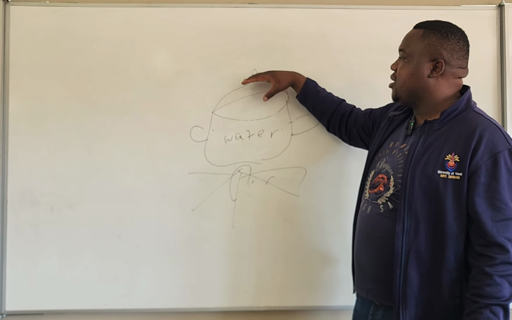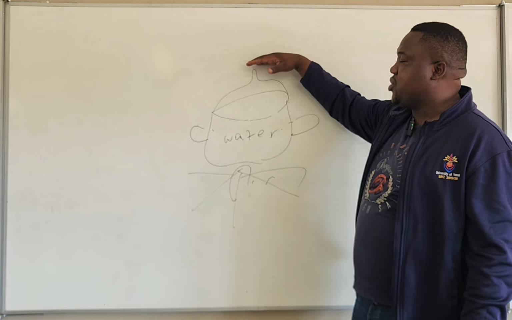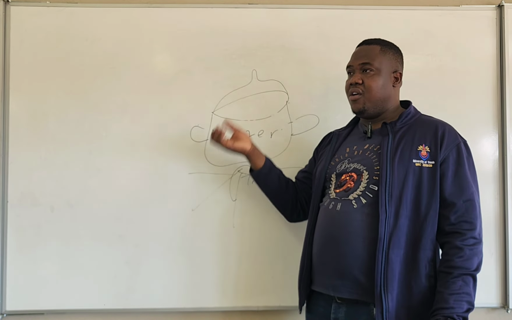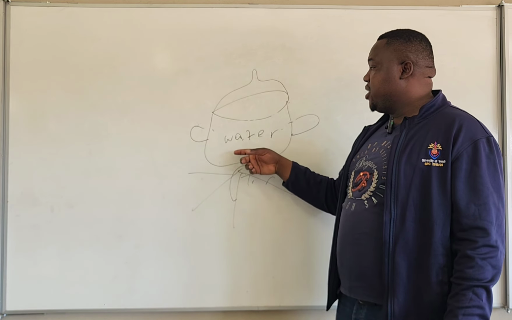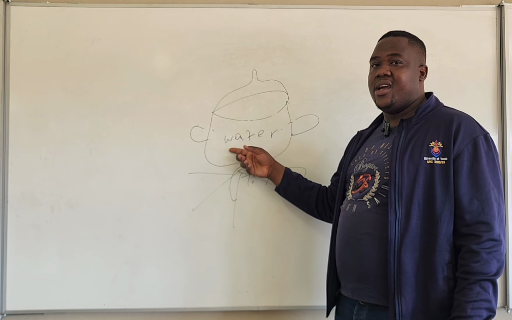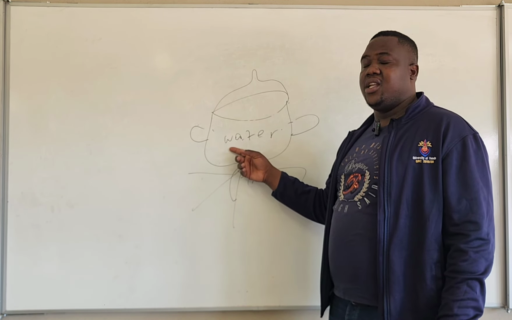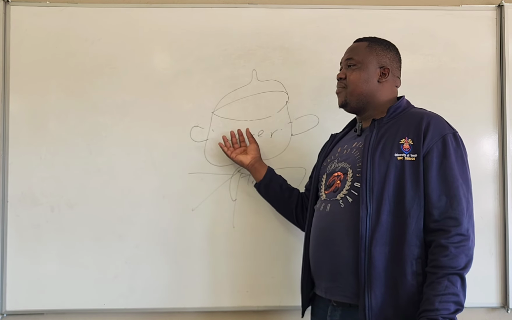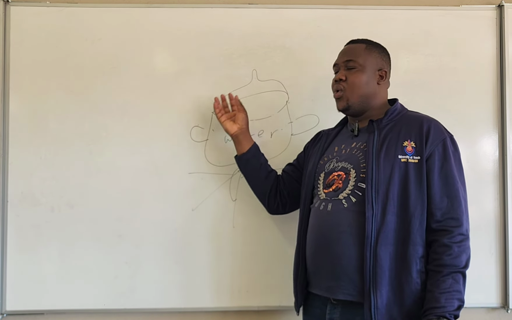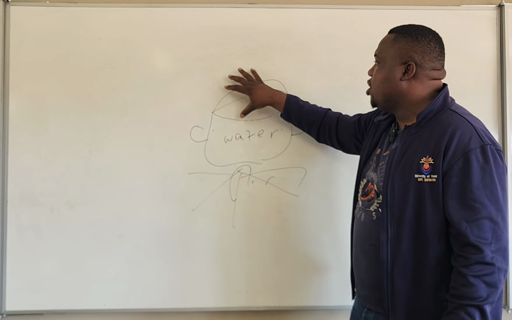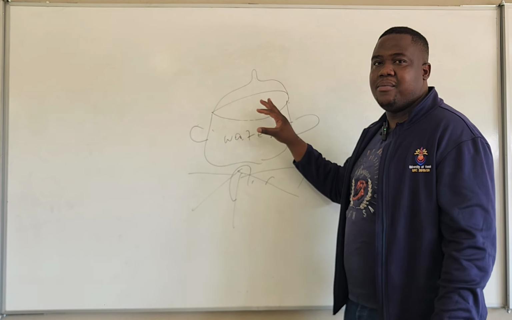It will hit the lid of the pot. When it hits the lid of the pot, it means the water that was inside here is going to decrease. Why is it decreasing? Because some of the amount of water have just escaped as water vapor, but did not manage to completely leave the system.